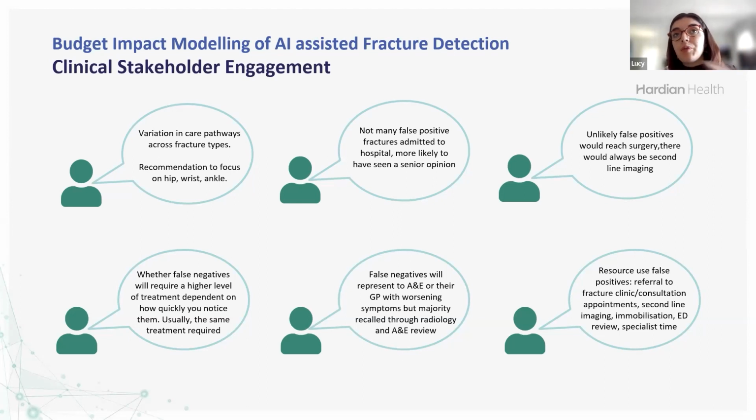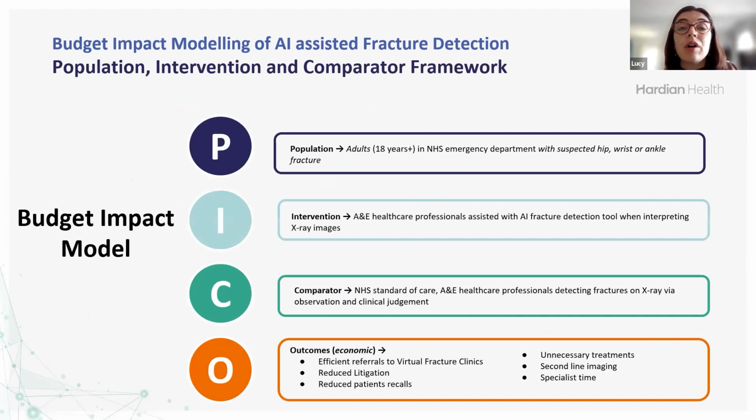And so with everything we found in the clinical guidelines, engagement with the KOLs, and our internal clinical team, we then used this to produce the refined PICO that was appropriate and really characterizes the economic decision problem.